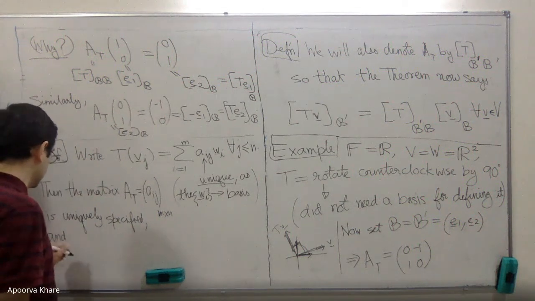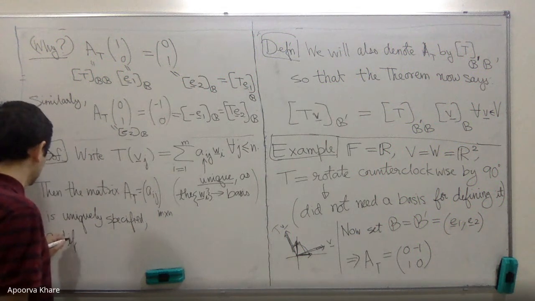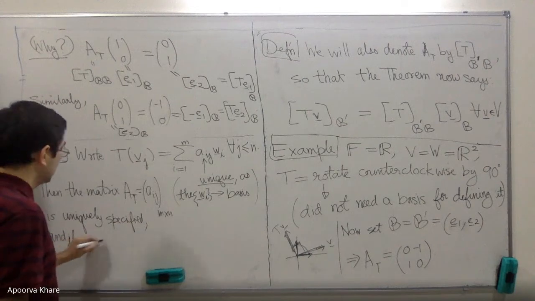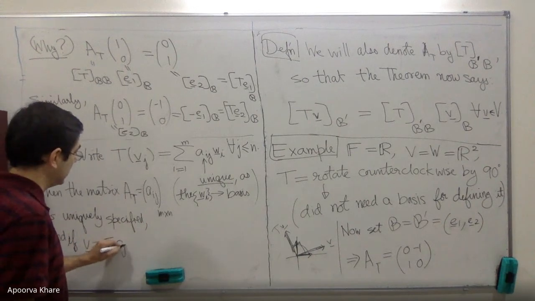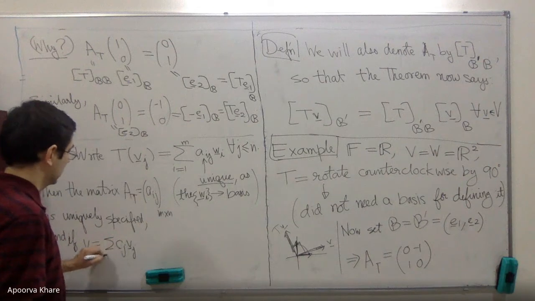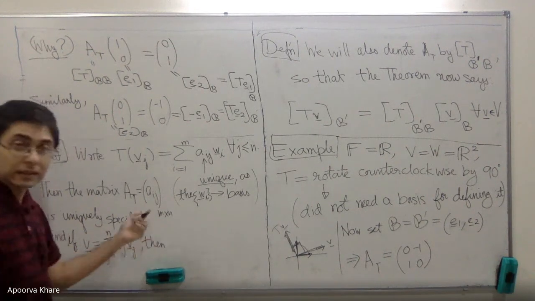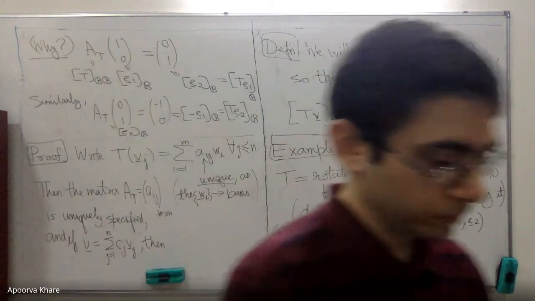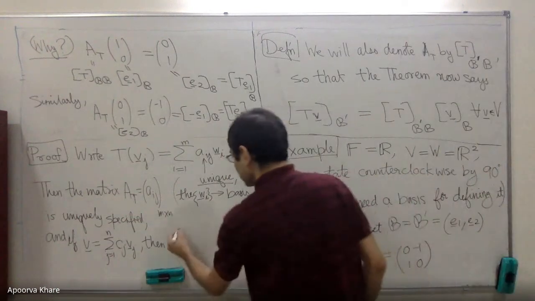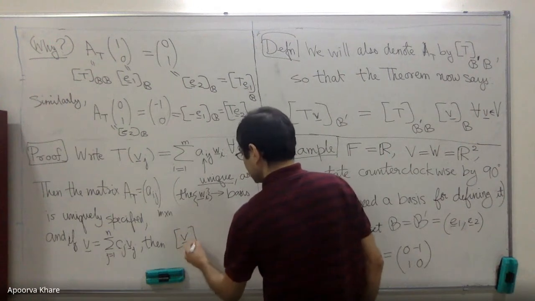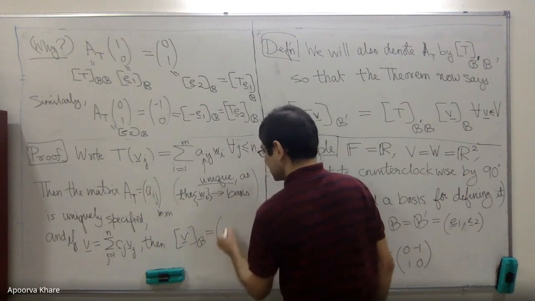And let's say, if V equals summation Cj Vj, where j goes from 1 to n, then let's calculate what we get. First of all, we have the coordinates of V in B are just C1, C2, Cn.